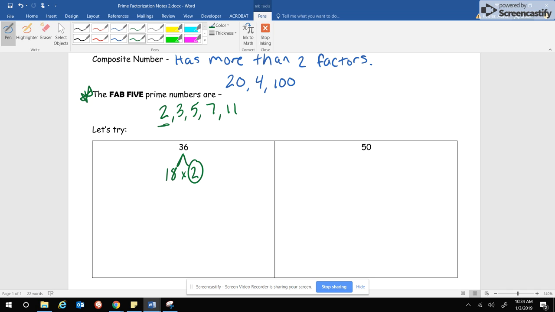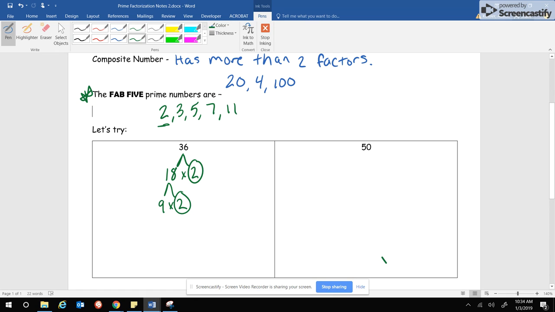18 is still composite because there's more than just 2 numbers that can multiply and give me 18. So I'm going to make another branch under 18. I'm going to keep going until I have nothing but apples left. Well, 18, there's several things I can do, but I could do 9 times 2, just to make it easy. 9 times 2 is 18. We've got 2 again.